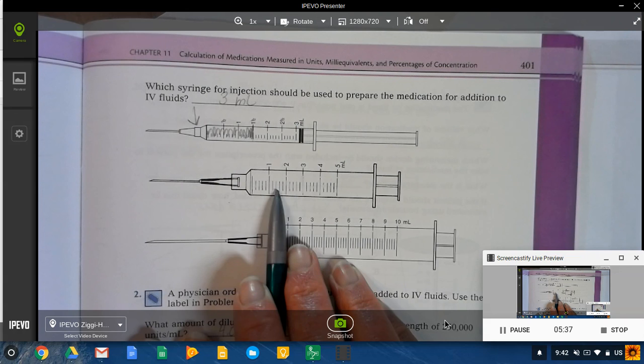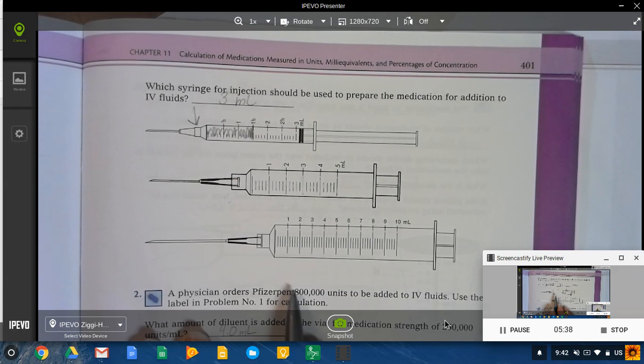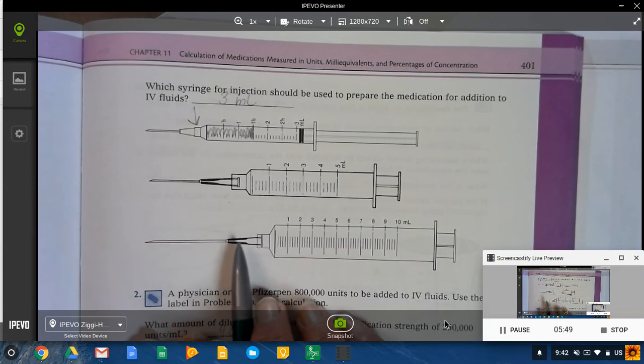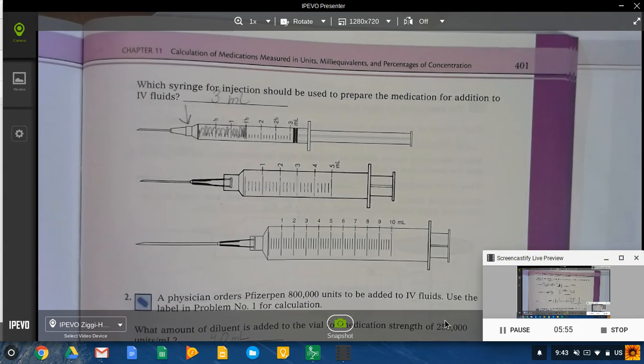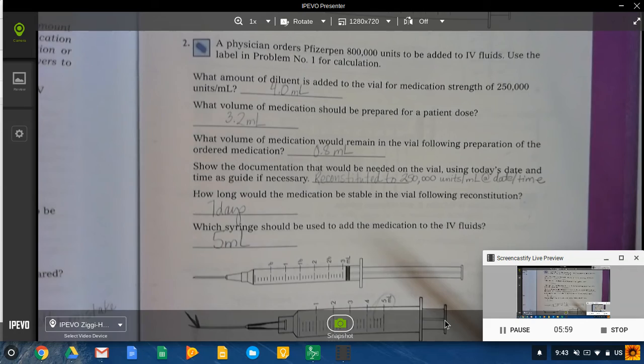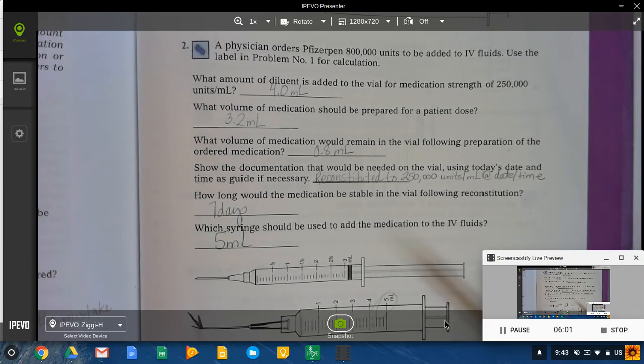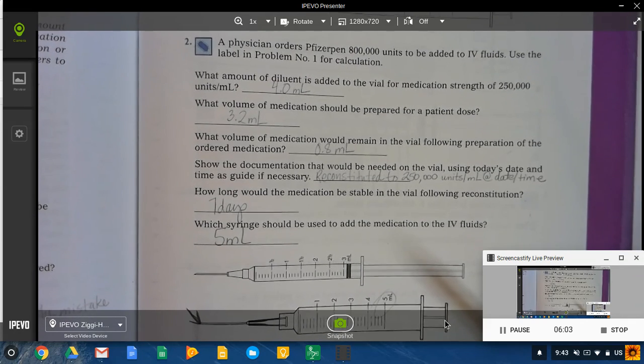This is in 2468, and it's definitely too hard to do in this one because that's in 2468, and so you couldn't get an actual half there. So this is the best syringe to use. Now number 2 is exactly like number 1, and I'll let you see the answers so that you can complete that and see if you can get it right.